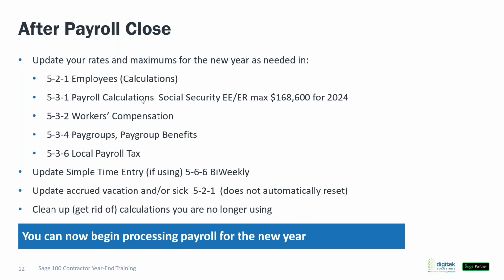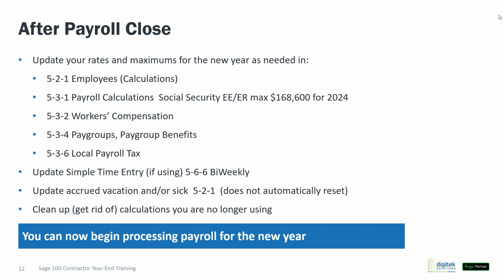But one thing that it will not automatically update is your employer and employee Social Security. So you're going to want to go into those two calculations and update them for the new rates for 2024. So for example, Social Security for 2024 is now going to be $168,600.